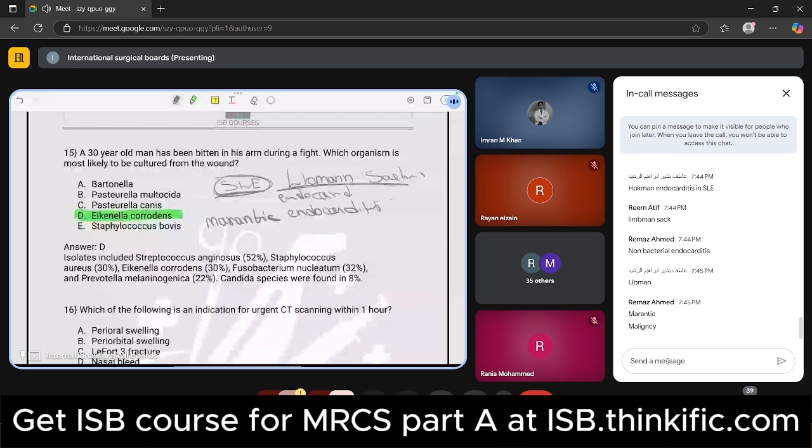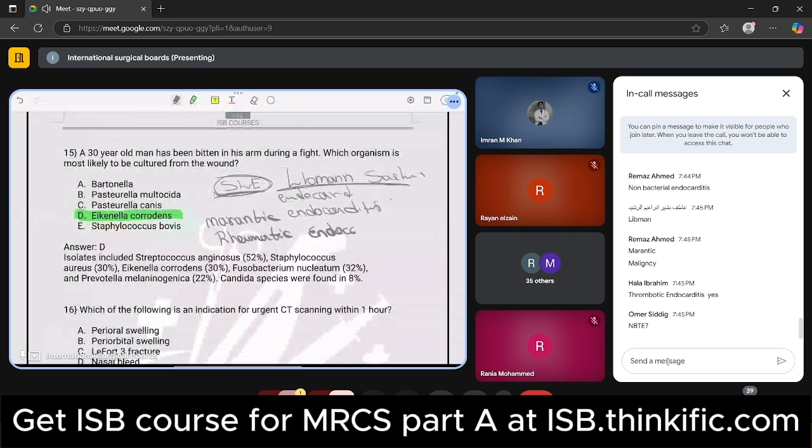It's non-infective vegetation. Okay. And there is rheumatic endocarditis. So why am I saying this? I'm saying this to get to this question.